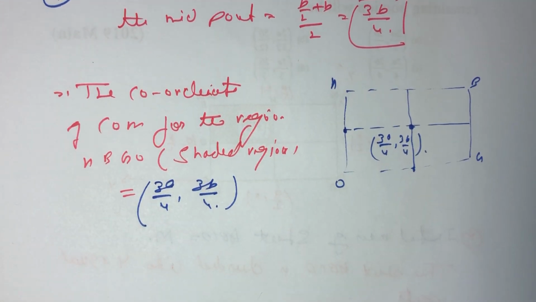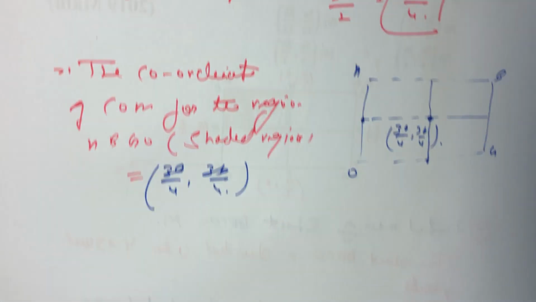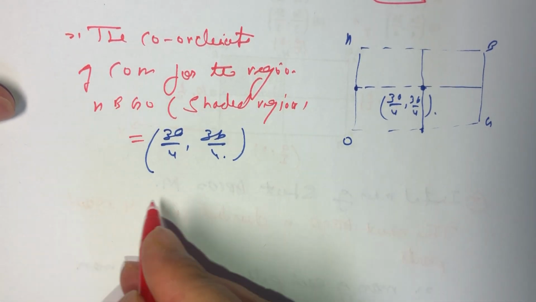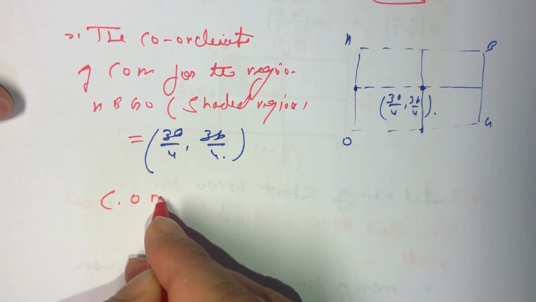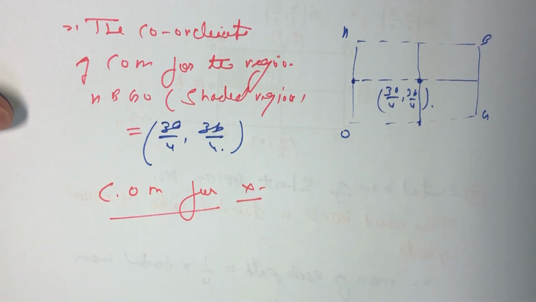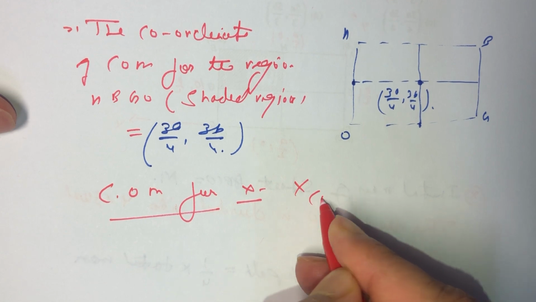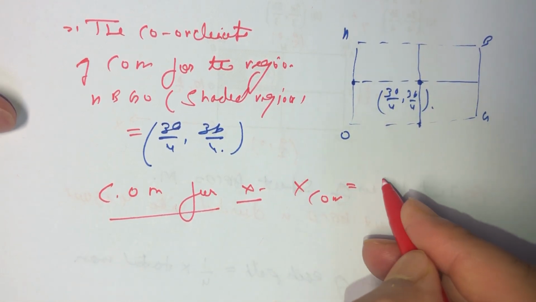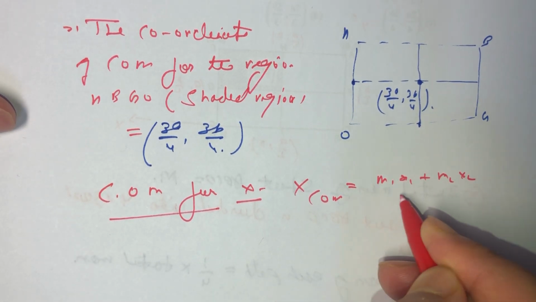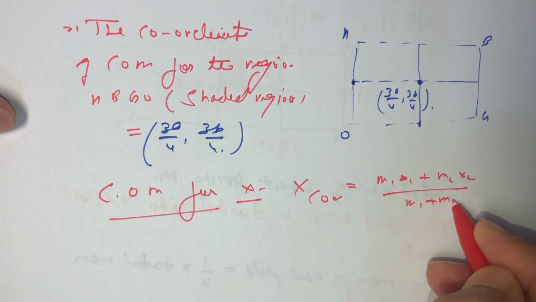Now we can use the standard formula for center of mass. Let us first find the x coordinate, XCOM, which is equal to m1 x1 plus m2 x2 divided by m1 plus m2.